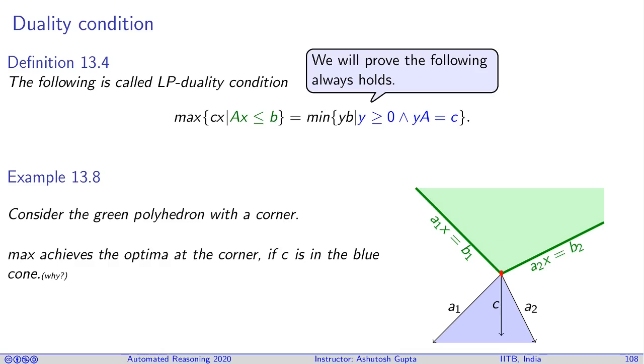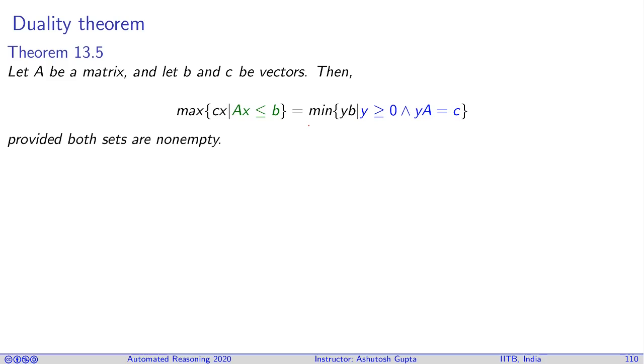That happens when c can be stated as a non-negative linear combination of vectors a1 and a2, which are perpendicular to these two lines, and that combination is stated here. So what is the duality theorem? The equality always exists if both the constraints have non-empty solutions.